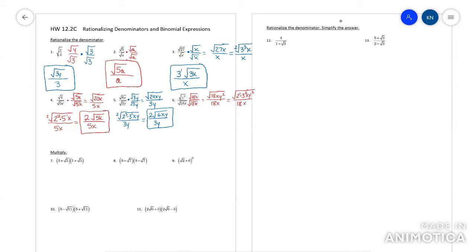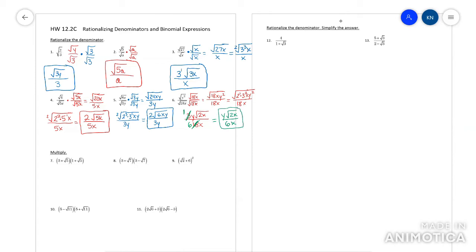All right, so you can take a 3 out, and you can take a y out, and left over is a 2 and an x. And it's all over this 18x. Now, this is what I was talking about earlier. Roots and stuff inside the root cannot help the numbers outside in reducing, but the 3 and the 18 can, the numbers outside can. So you would want to reduce these and get y root 2x over 6x. Okay.